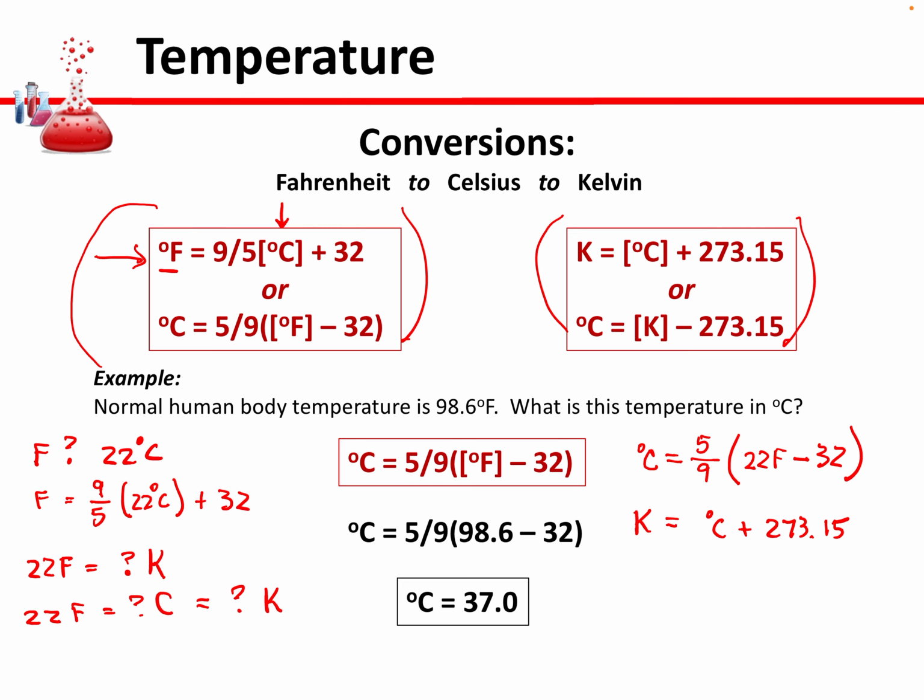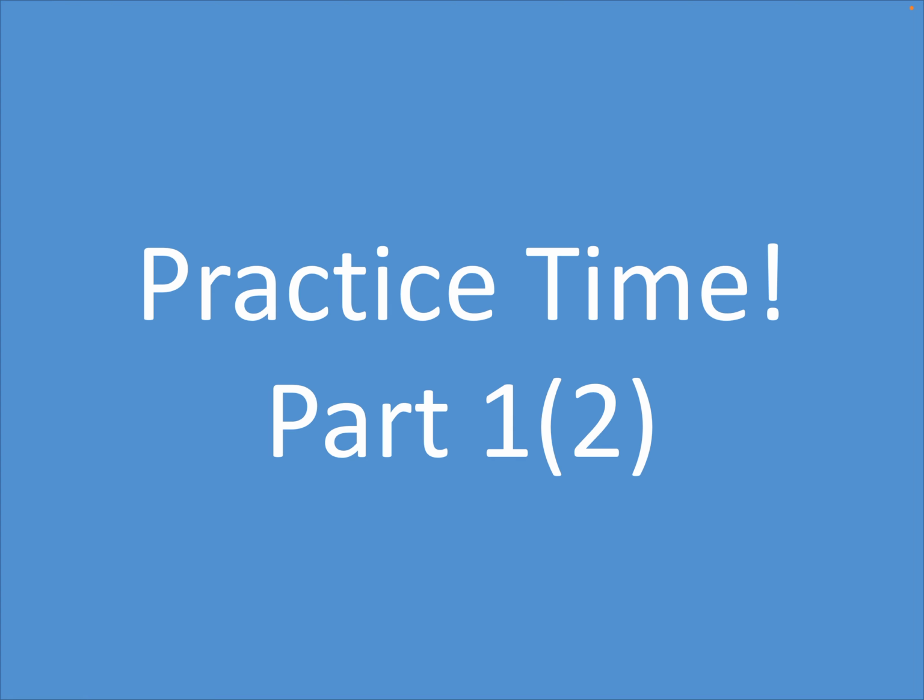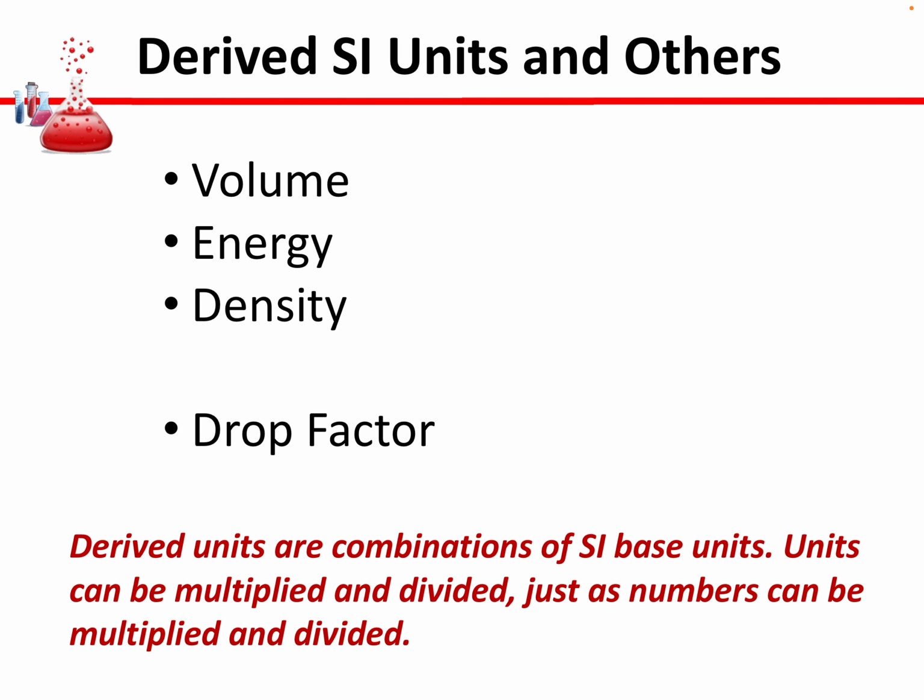All right, so you should have gotten 267. Okay, so this brings us to derived units. So we've been using kind of our base units now. For some things, we combine units together to get another unit or a measurement.